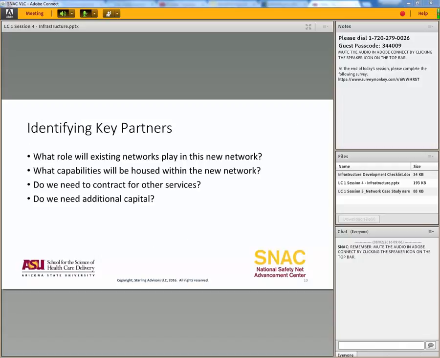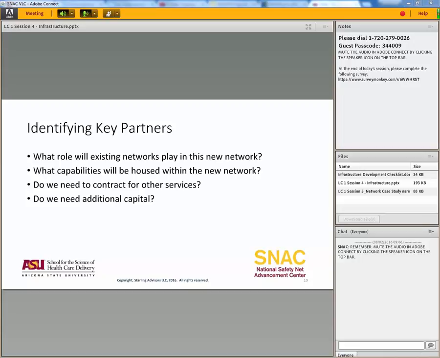I'm going to start by talking about who the key partners might be in a network development process. And certainly the most important partners are the underlying healthcare provider organizations that are going to participate in the network.